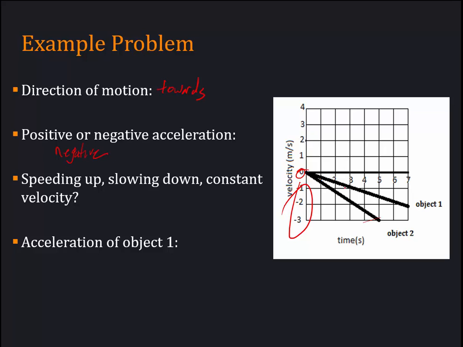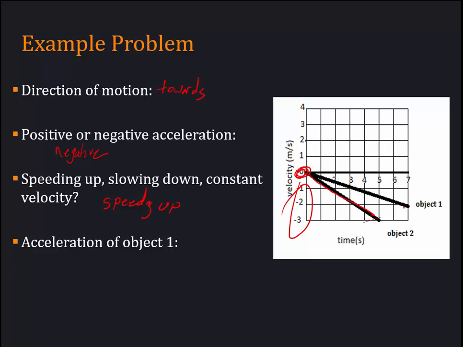I can tell because the slope is negative, their velocity is becoming more negative. Are they speeding up, slowing down, or going at constant velocity? Well, they start at 0 meters per second and they end at not 0 meters per second. So I know that they're changing speed, and if they started at 0, any change in speed is necessarily going to make them faster. So this means they're speeding up.